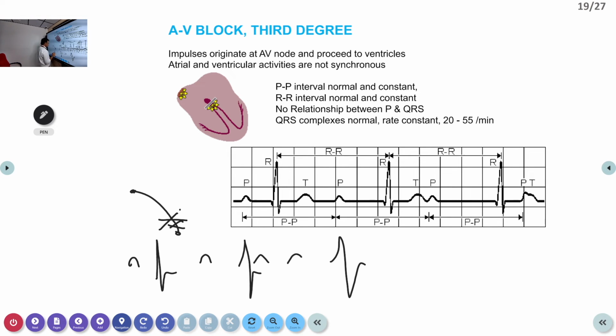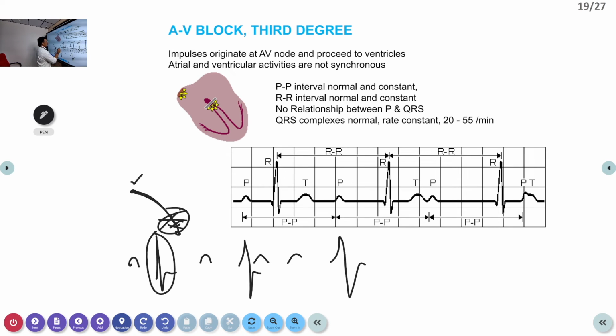That's all. Okay, so P wave comes regularly because SA node is activated regularly, but it is not conducted to the ventricle due to some complete block, and since the ventricle is not getting electrical current, it acts by its own and it produces a QRS complex. But atria beat in their own rhythm, ventricle beats in its own rhythm.